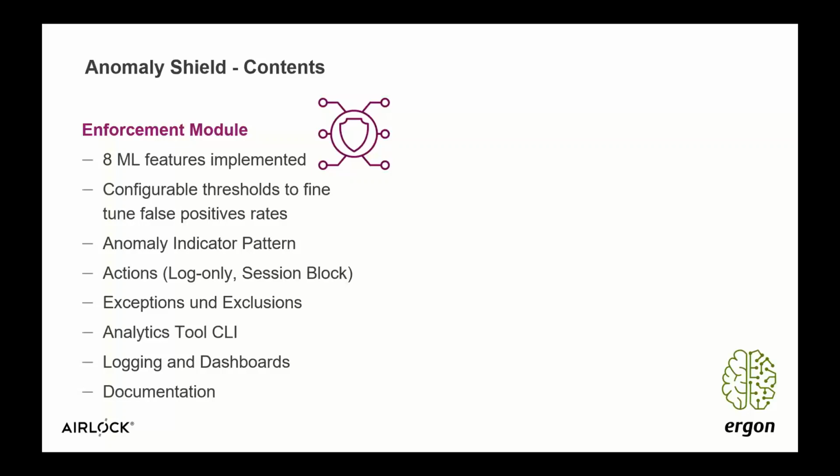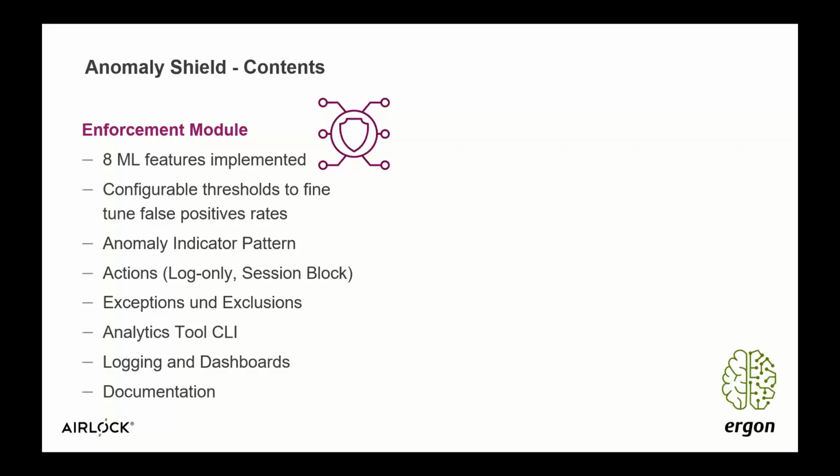It's actually an anomaly indicator pattern, so you see if traffic doesn't look like the usual traffic on these applications. There are different actions which you can turn on, like you can tell it to log only and not to block, or to completely block the whole session. Of course, it's possible to have exceptions and exclusions. So if you want to run a pen test or something like this, you can define an exception.